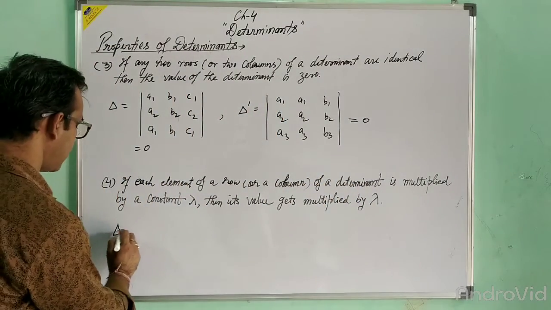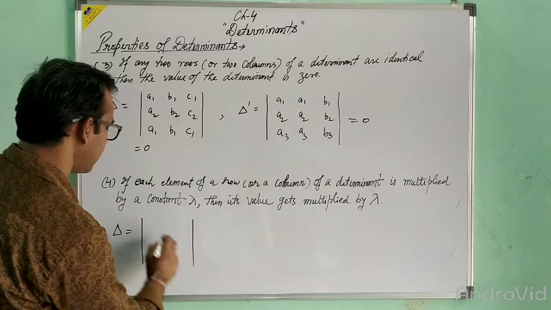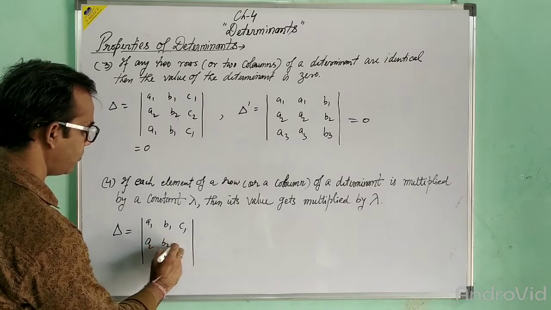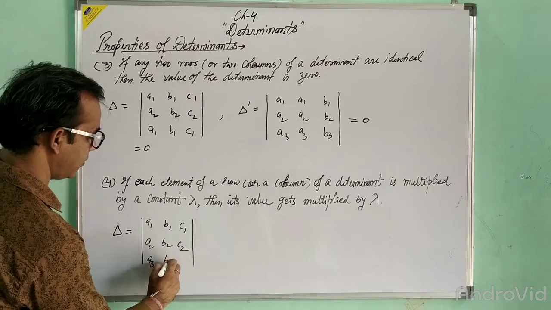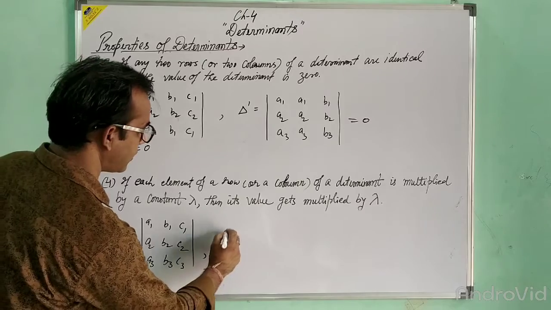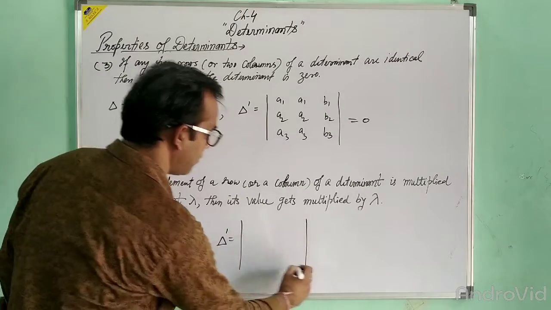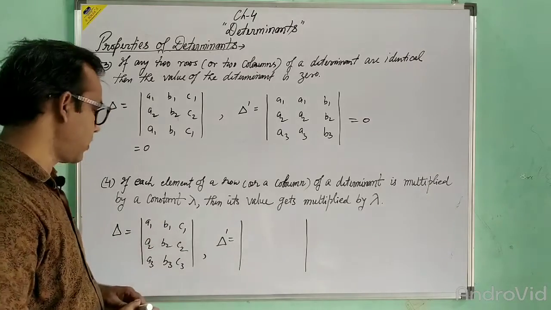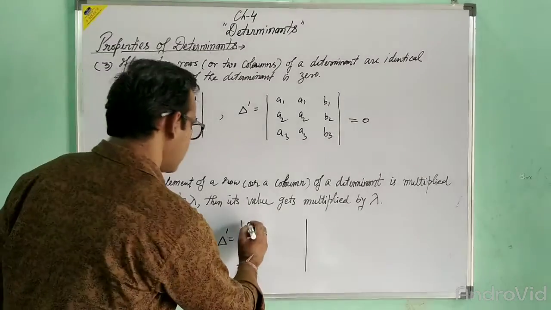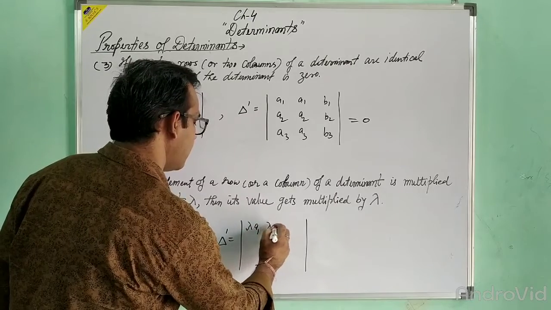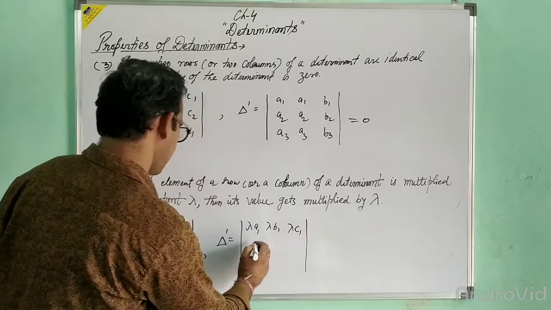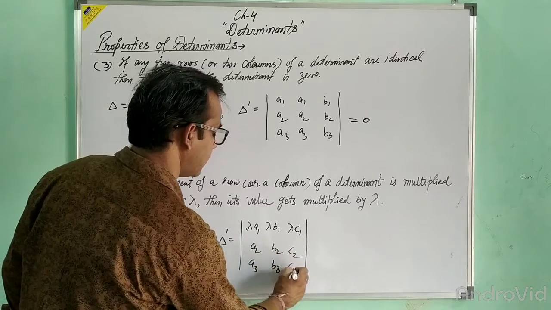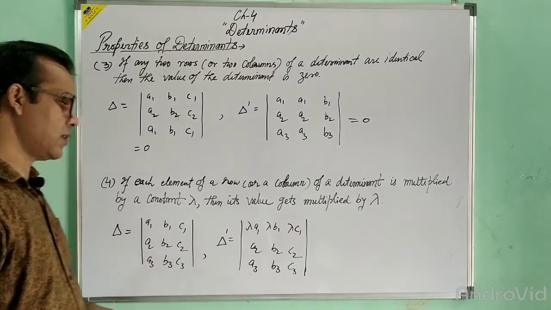Means, for example, delta is the determinant here having the elements A1, B1, C1, A2, B2, C2, A3, B3, C3, and you get another determinant by multiplying each element of the first row by a constant lambda. So lambda A1, lambda B1, lambda C1, and A2, B2, C2, A3, B3, C3 will remain as it is. So you are getting this determinant.